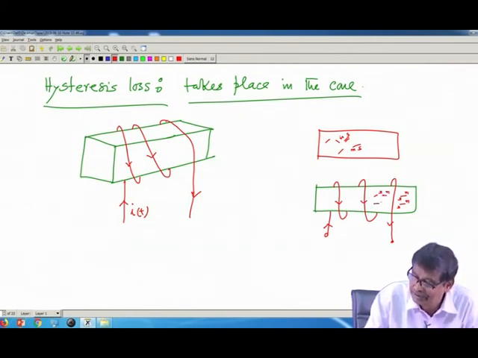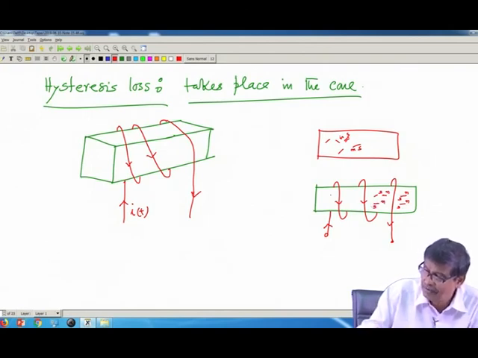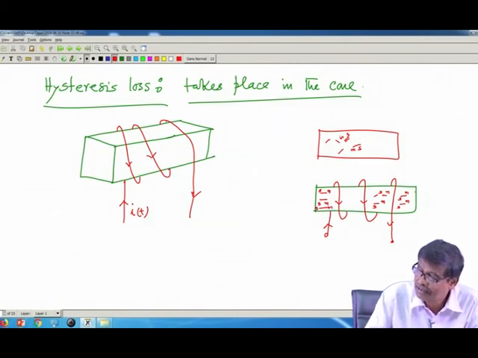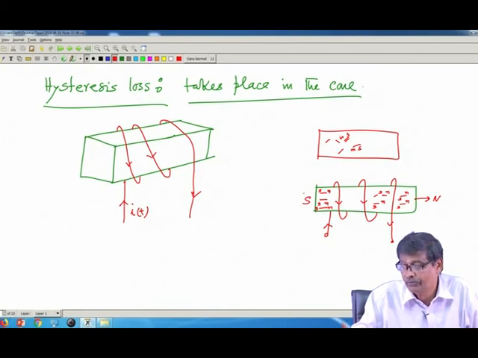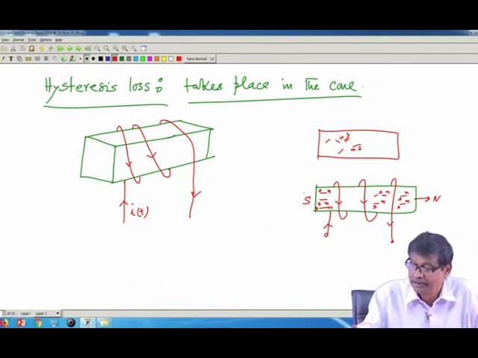If you pass sufficiently large current, at the end all tiny magnets will be moved like this, such that this will become a north pole and this will become a south pole. That is how we are taught in school how to make a soft iron piece a permanent magnet.